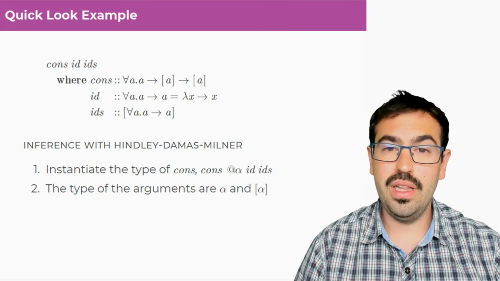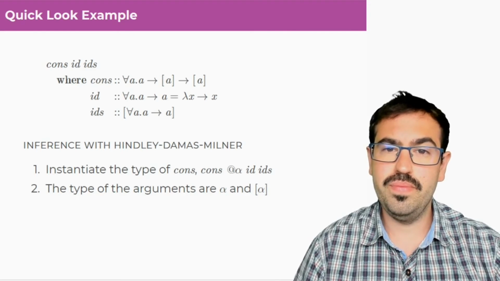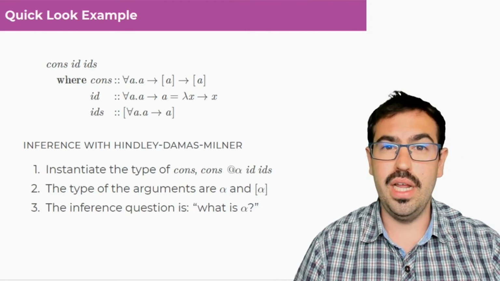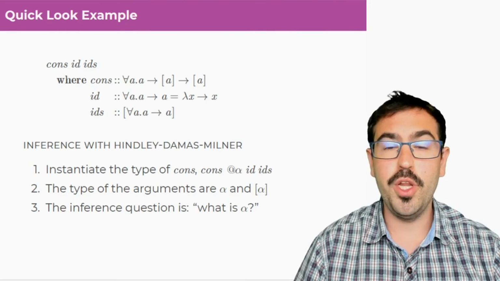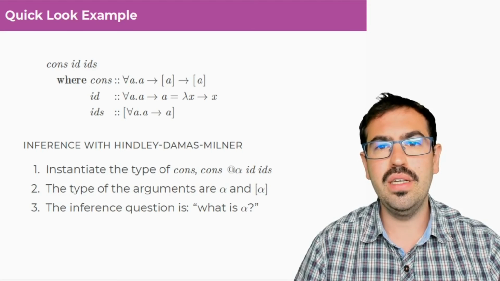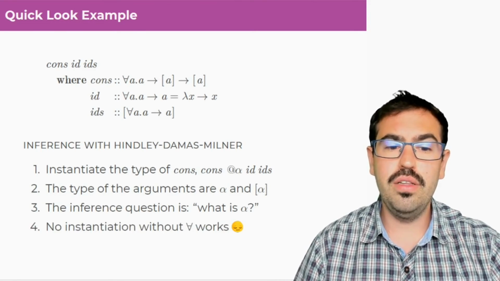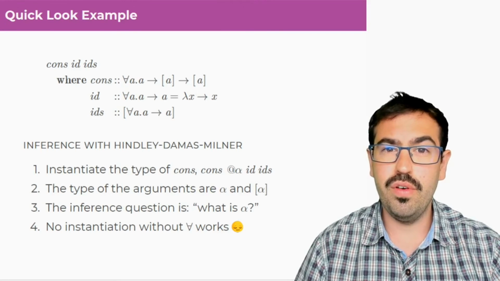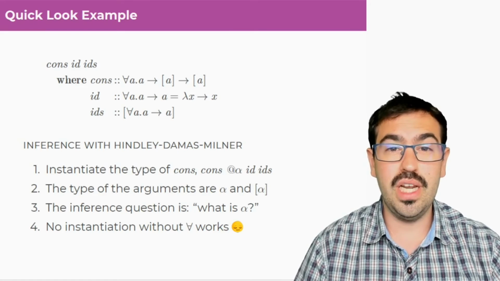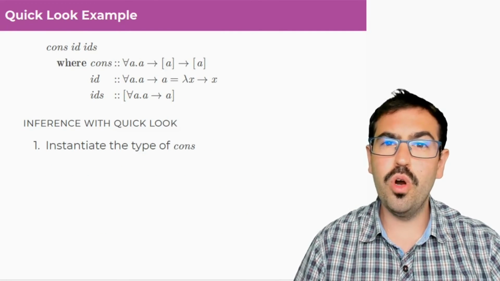The types of the arguments are then alpha and list of alphas. The question now is, what is alpha, of course? If you have a declarative spec, maybe you guess the instantiation, or if you have a type inference engine, the type inference will do unification and try to figure this out. But the thing is, no instantiation with types without forall works, so this example is rejected by Hindley-Damas-Milner.